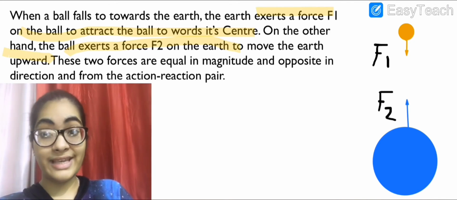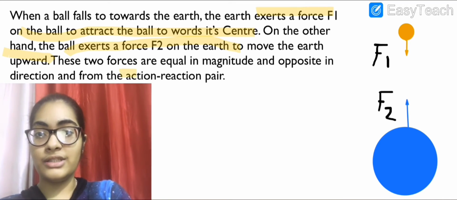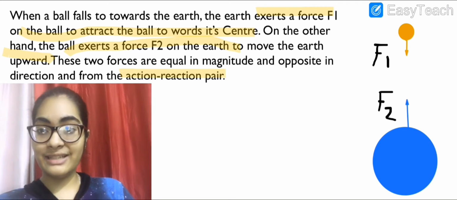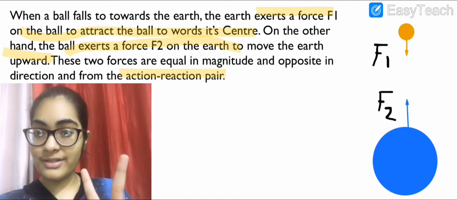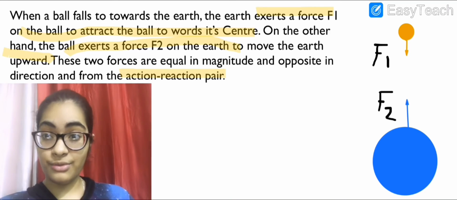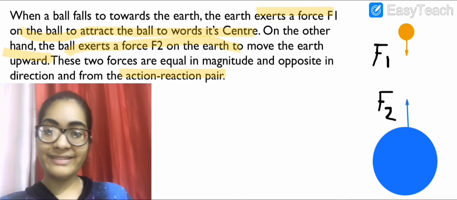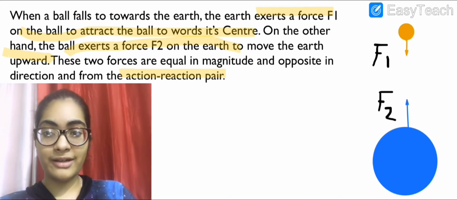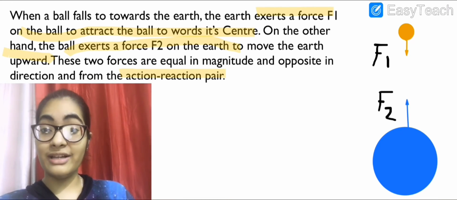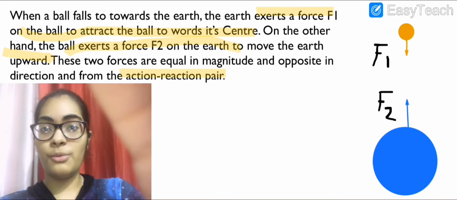Two forces equal in magnitude, opposite in direction, constitute the action-reaction pair. Two forces that are equal in magnitude, F1 and F2, opposite in direction, action-reaction pair. Simple. See blue colored earth and orange colored ball. Right? Let's move forward now.